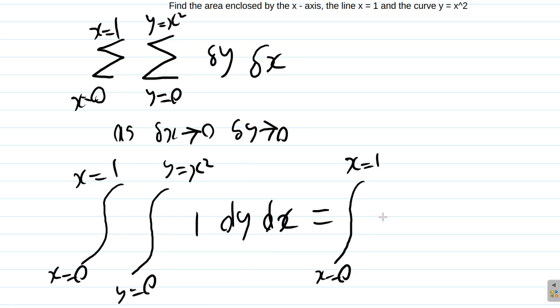When we integrate 1 with respect to y, we get y. And it's a definite integration, so we're going from 0 to x squared and then dx.